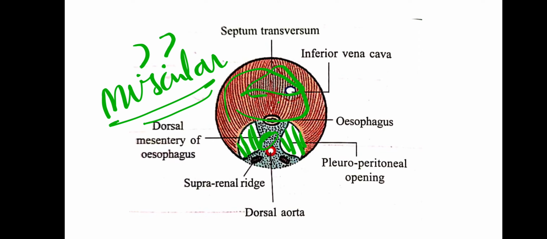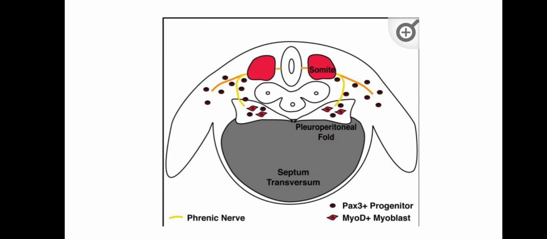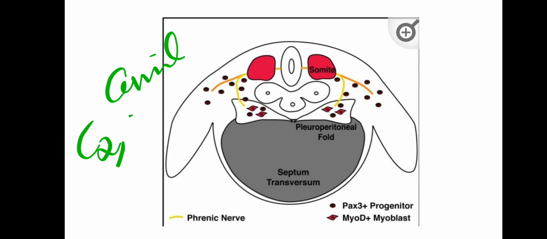How does it develop? Okay, so at first the diaphragm was lying in the cervical vertebral level. To be more specific, it is lying against the C3, C4 and C5 vertebra.